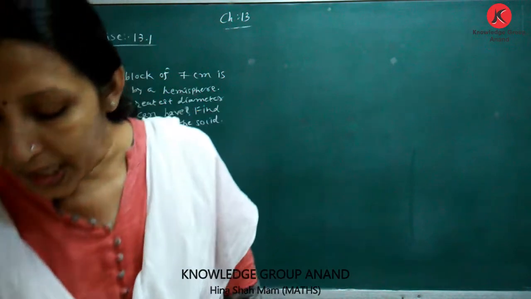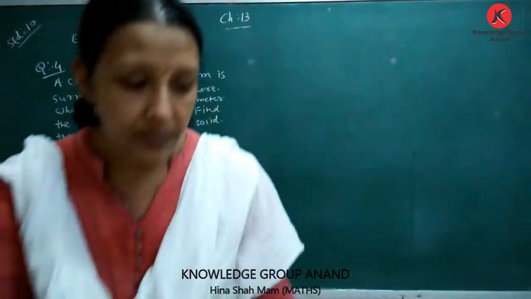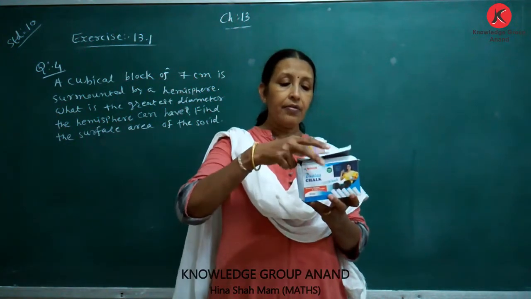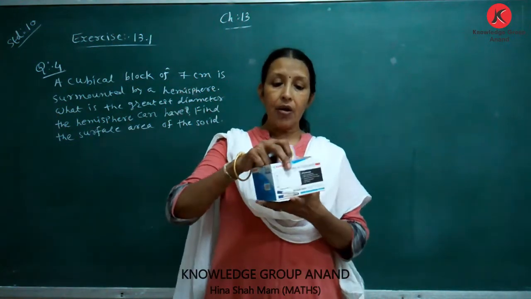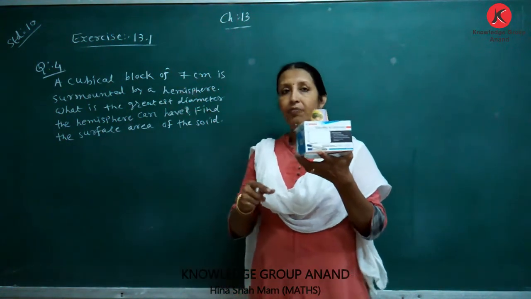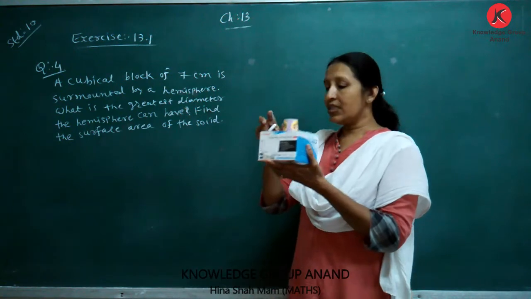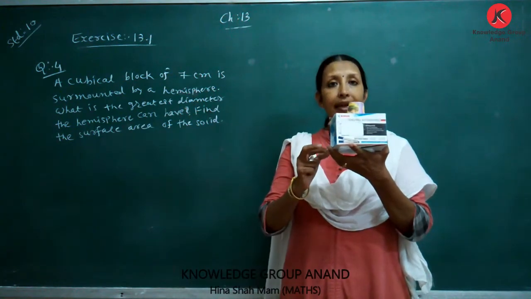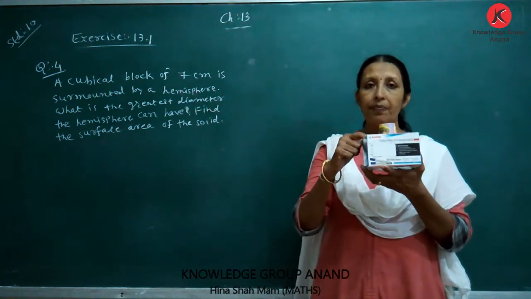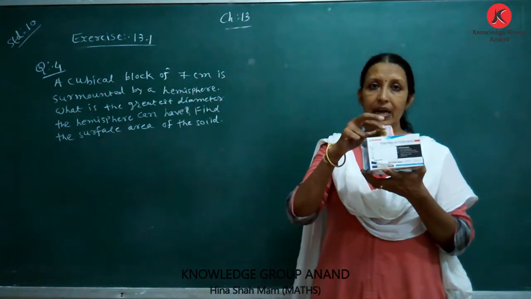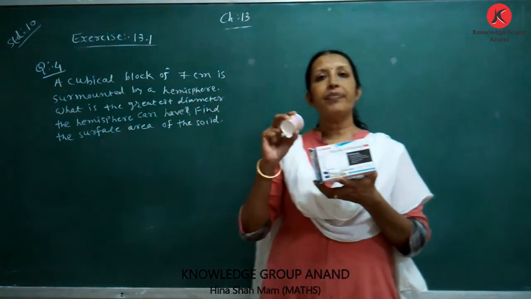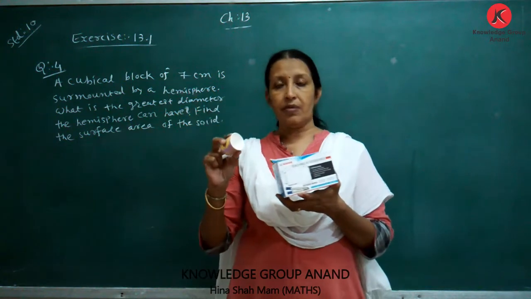Suppose we take an example, it is a cubical shape surmounted by a hemispherical bowl. Then we calculate the surface area of this solid. It is equal to the total surface area of the cube plus the curved surface area of the hemisphere minus the area of the base of the hemisphere.